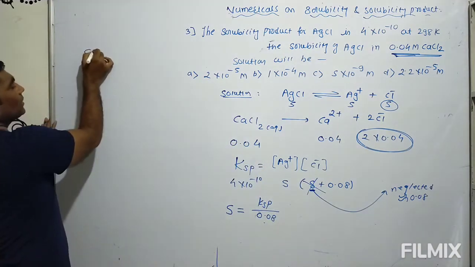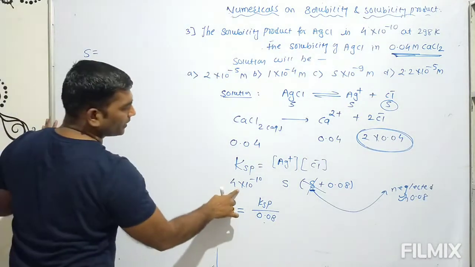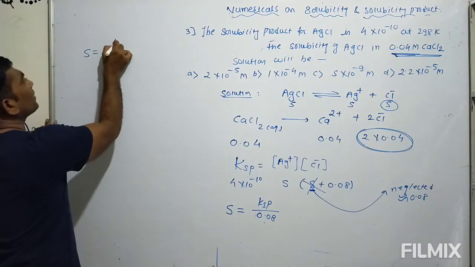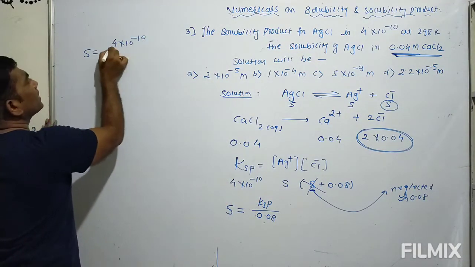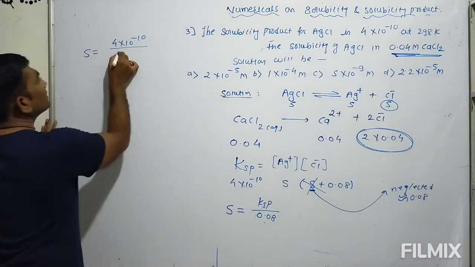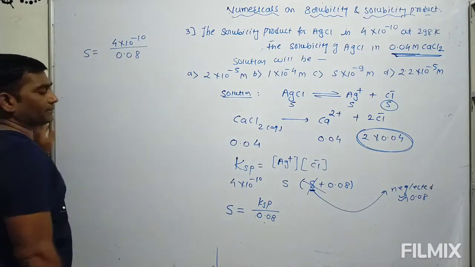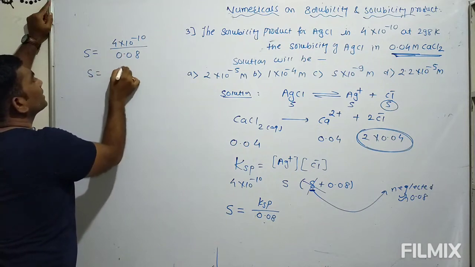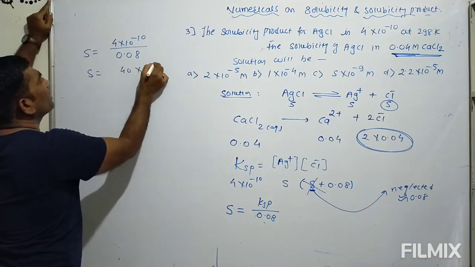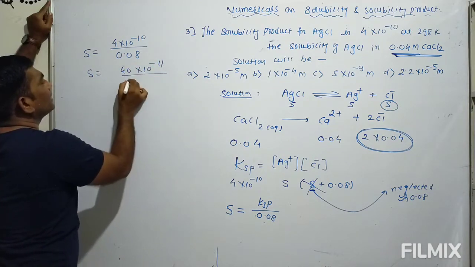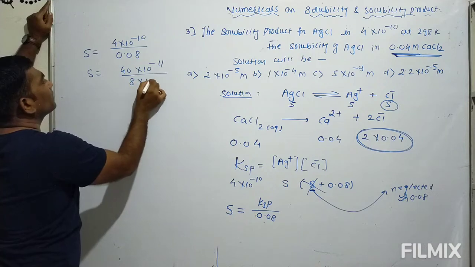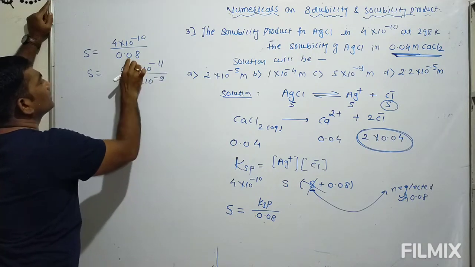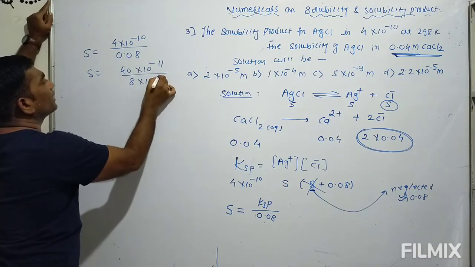Means S is equal to Ksp value, that is 4 into 10 to the power minus 10, upon 0.08. So it becomes S is equal to 40 into 10 to the power minus 11 upon 8 into 10 to the power minus 2.